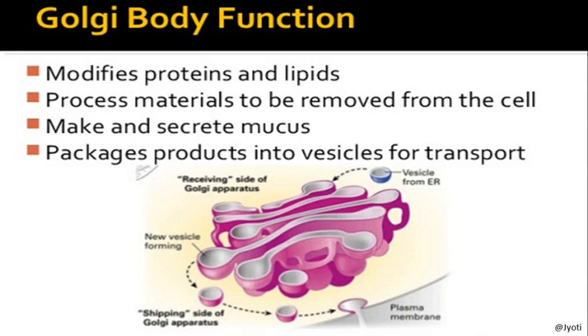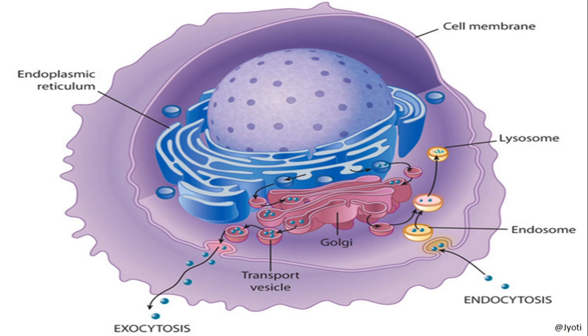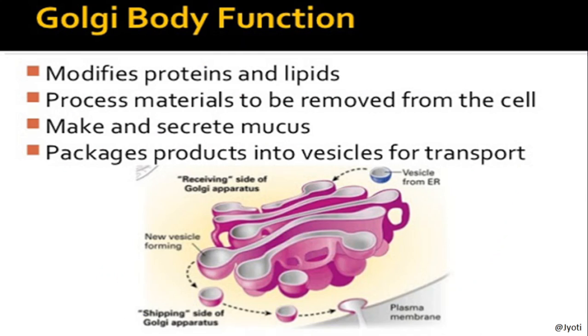They process the materials which are to be removed from the cell, as I have shown you that exocytosis is taking place. They make and secrete mucus. They package products into vesicles for transport. Here I have very clearly shown in the diagram how the vesicles are formed for transporting the proteins.